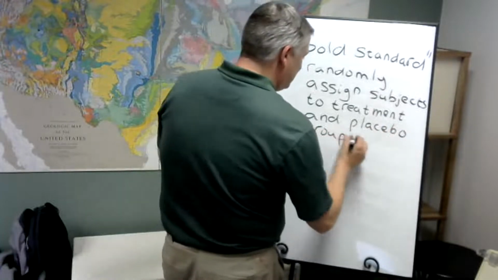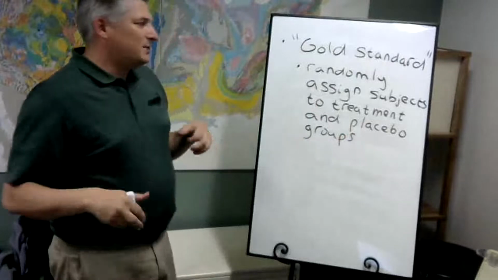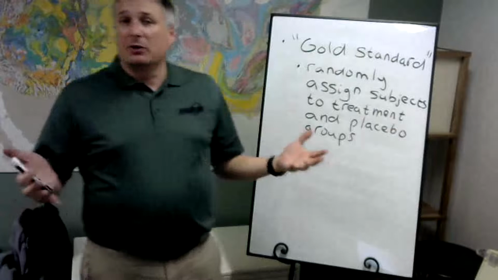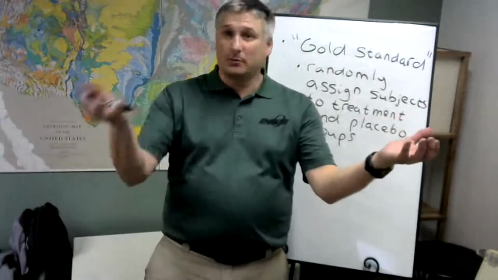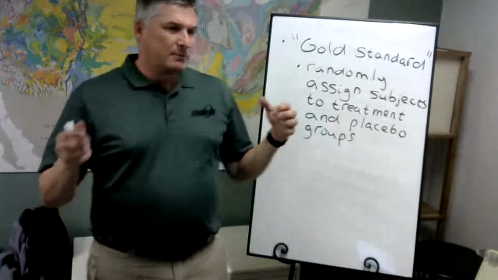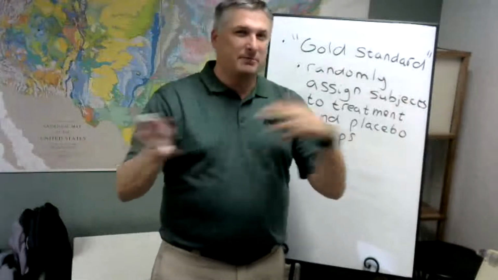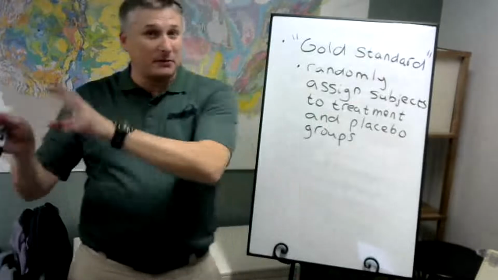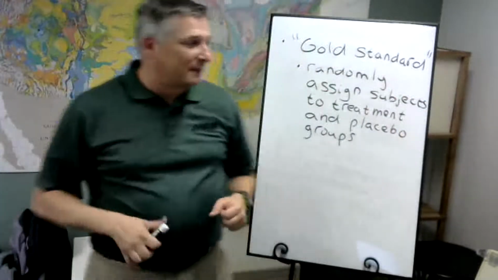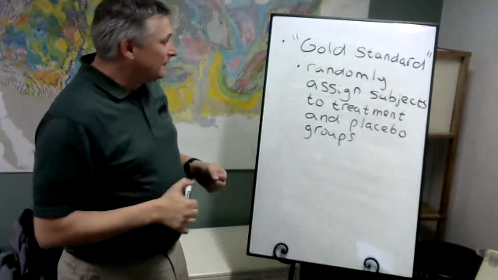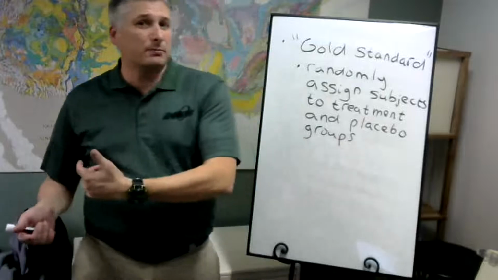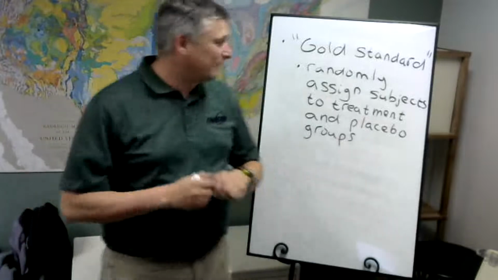We want to make sure we do this randomly. Like maybe you use social security numbers. Maybe, going back to our flu study, with a group of 100 and a group of 100, you give everybody a number from 1 to 200, and you randomly pick 100 people to be in one group. Well, if you pick 100 for one group, those left will be in the other group. So the idea is you want to assign treatment group and placebo group membership randomly.